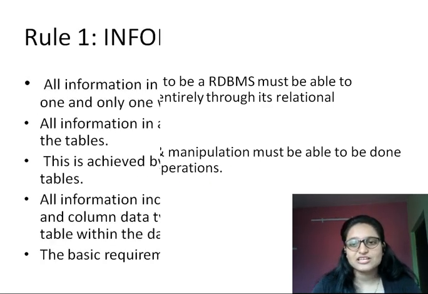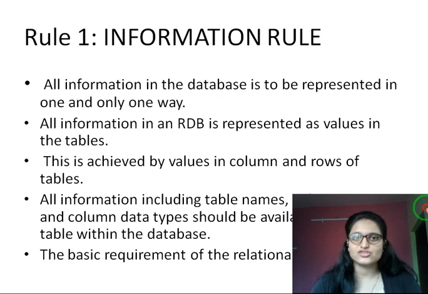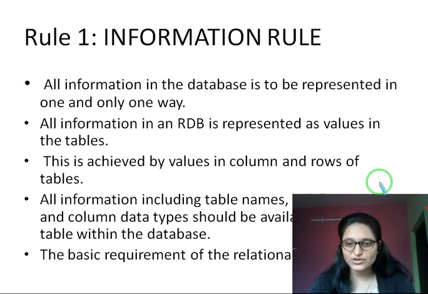So this is a very basic foundation rule. Actually rules start from rule 1, but rule 0 says that if all the 12 rules are followed by any database system, then we say that database system is modeled as per the relational model.